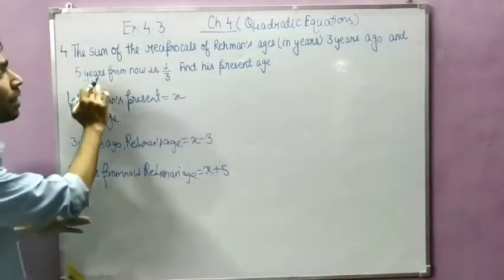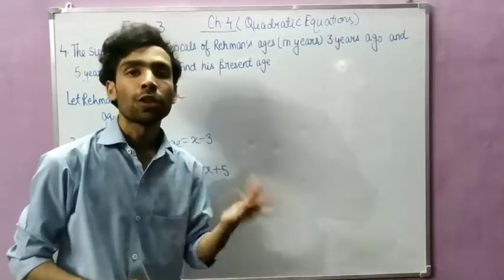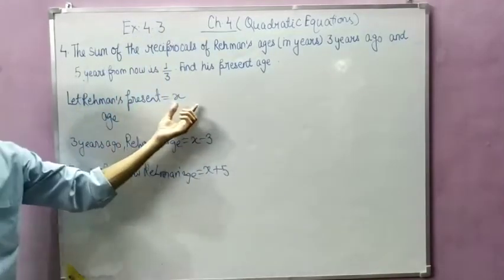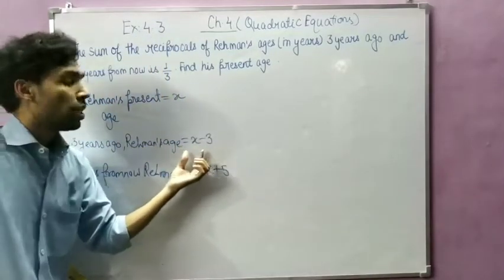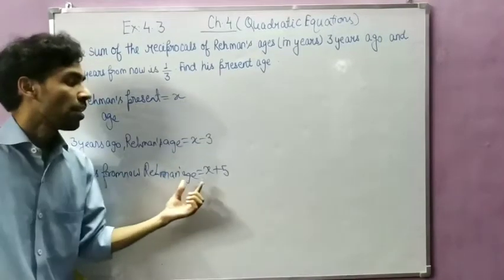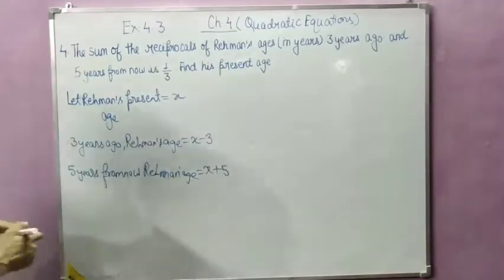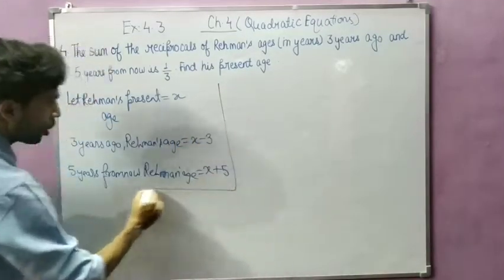I told you whenever you see the word "now", it means we are talking about the future. So present age is x, 3 years back Rahman's age was x minus 3, and 5 years from now Rahman's age will be x plus 5. Now what is the question saying?